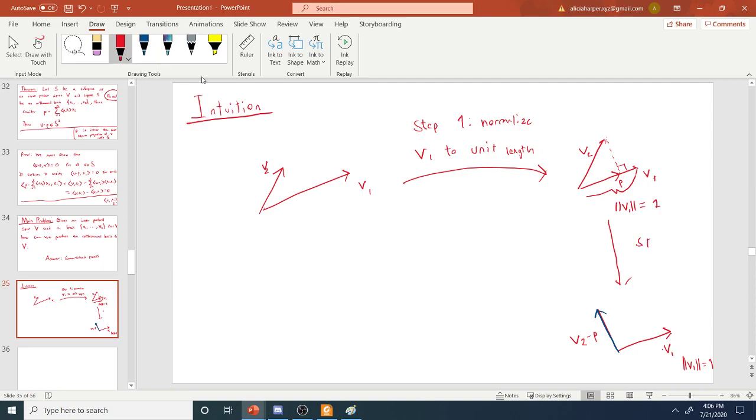So in step 2, we replace v2 with v2 minus p. And then in step 3, what we do is we normalize v2 minus p. And this will give us this picture.